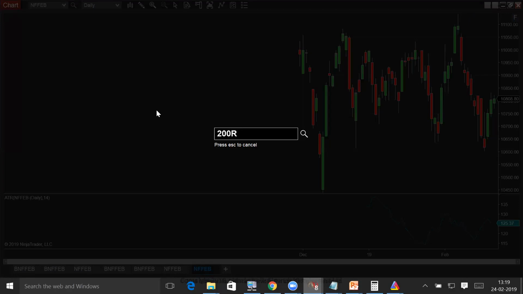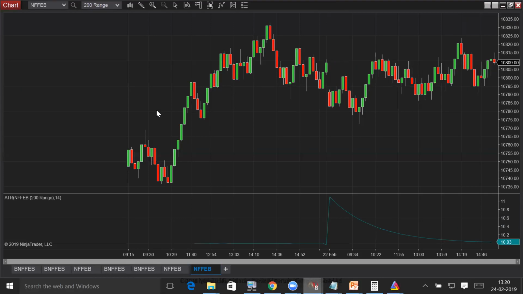So 100R is 5 points, and 200R means 10 points. That means every 10 points, a candle will be plotted. Within that 10 points, the high and low is measured.